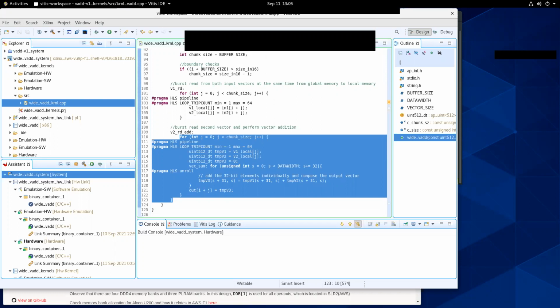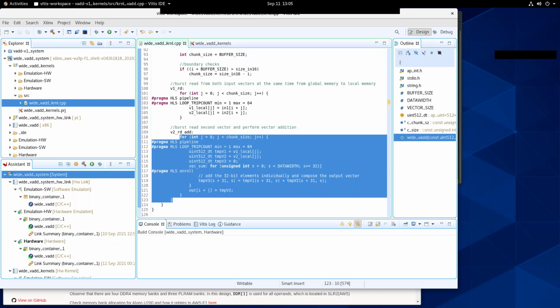So one option is you completely unroll the loop and you map all the additions. Let's say for the time being we just focus on additions, but all the additions are mapped to different hardware circuitry. That is one option.